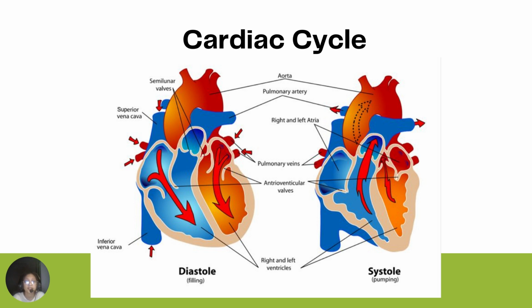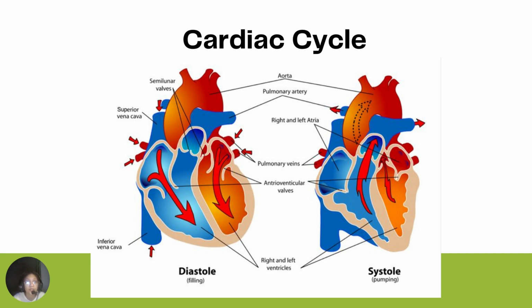So this is the ventricular diastole and ventricular systole. Diastole basically means filling, and systole means pumping. Let's try to understand this. Through the vena cava, the deoxygenated blood has come to the heart, and then it has to go to the ventricle.